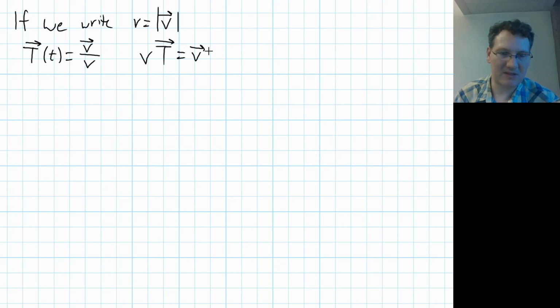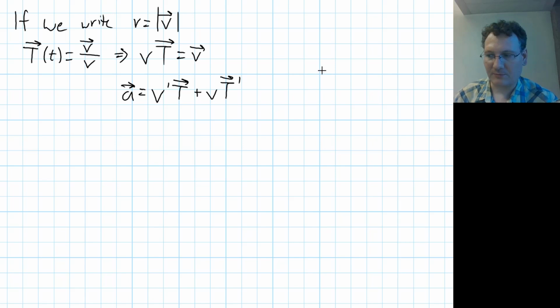We just multiply both sides of that equation by little v. So if you take the derivative and use the product rule, right? The acceleration, which is the derivative of velocity, is going to be v. No, speed is still a function of time, so it would be v prime times t plus v times t prime.